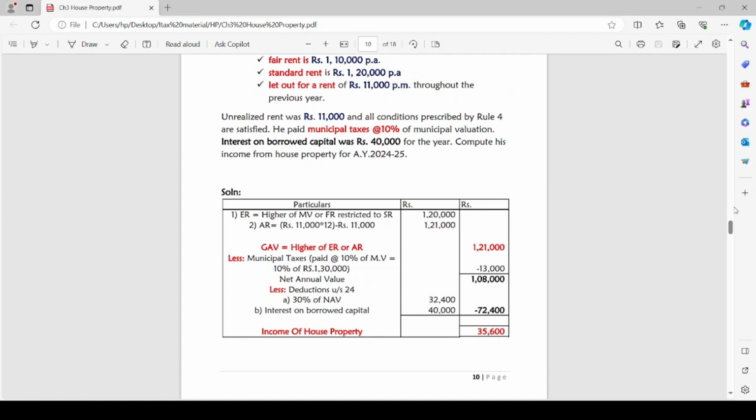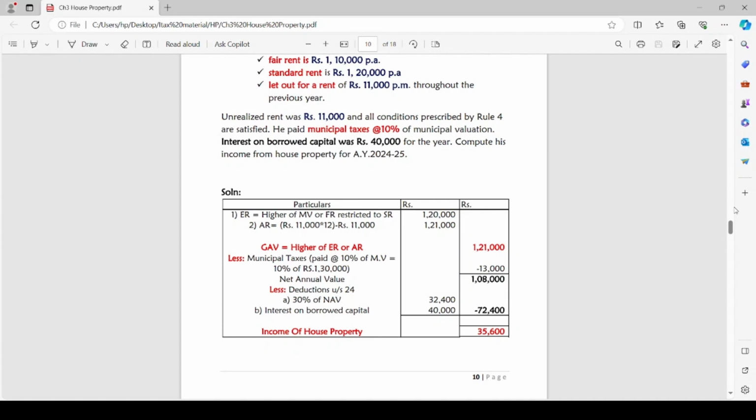The two important points we have to remember from this question are, the first one is when there is unrealized rent which satisfies all the conditions prescribed by Rule 4, we do not consider such amount in our actual rent. The second point is the interest on borrowed capital.